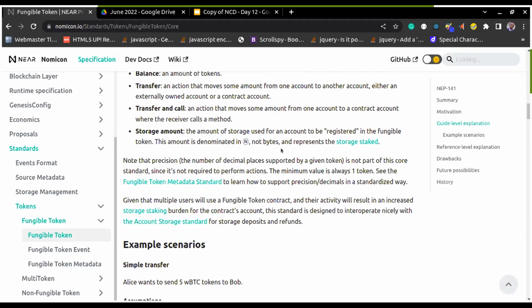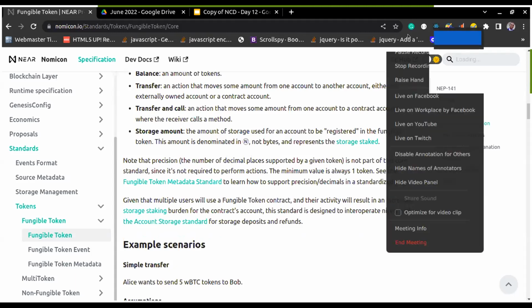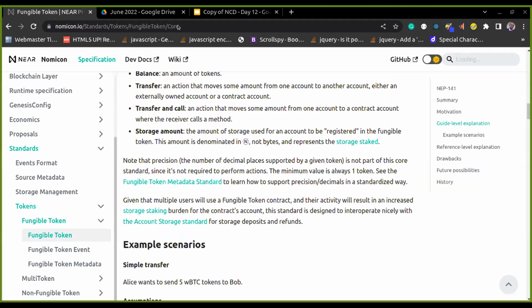So in other words, 1 followed by 24 zeros yoctoNEAR is equivalent to 1 NEAR. So in this case, a NEAR token has a decimal precision of 24 digits. I really hope someone got that and I never confused anyone. Okay, so that is basically what the decimal precision means.